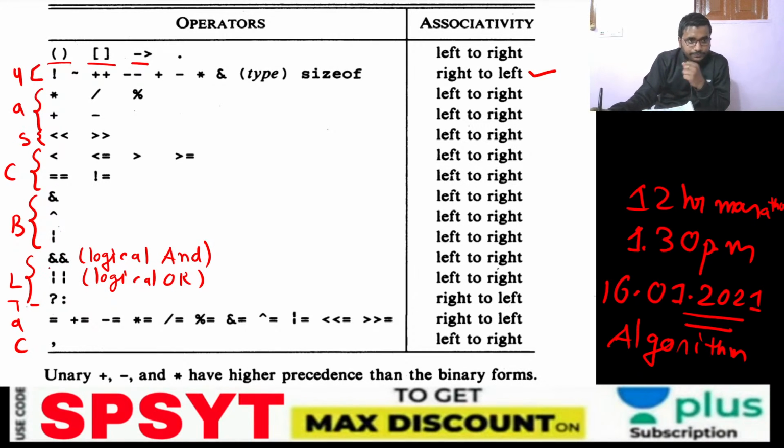L means logical operator: logical AND has higher precedence than OR. Then T means ternary operator, then A assignment, then C comma. Understood?